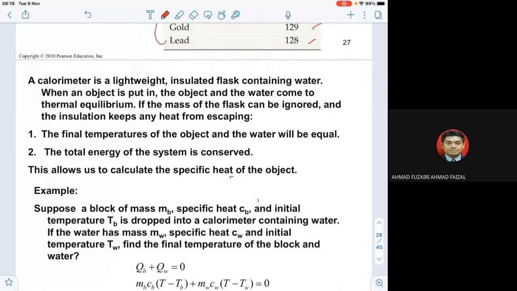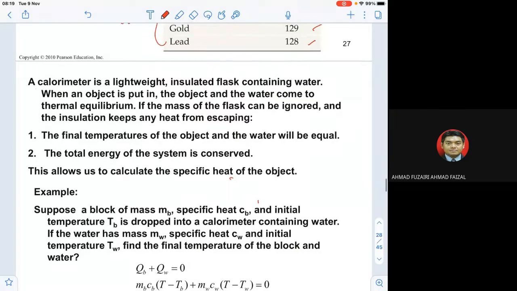Today I want to highlight the calorimeter. What is a calorimeter? A calorimeter is a lightweight, insulated flask. What does it mean by insulated flask? That means we have covered the flask so no heat can easily come in or go out, containing water.